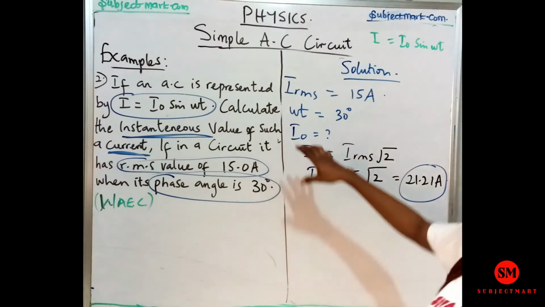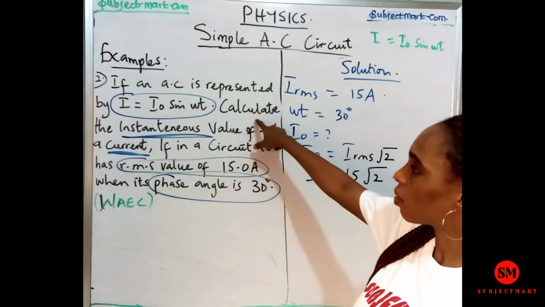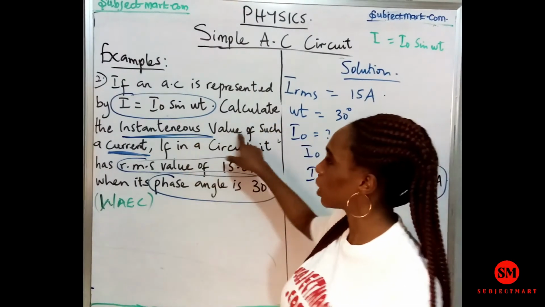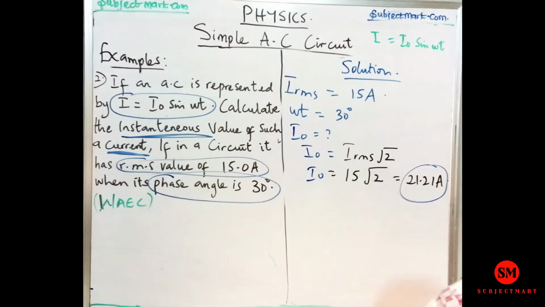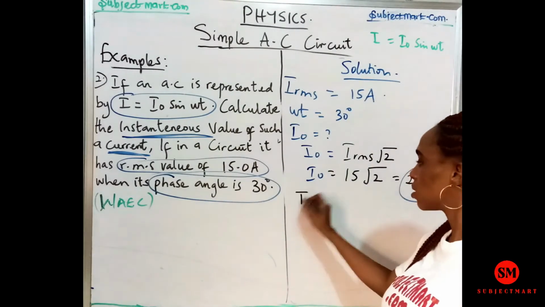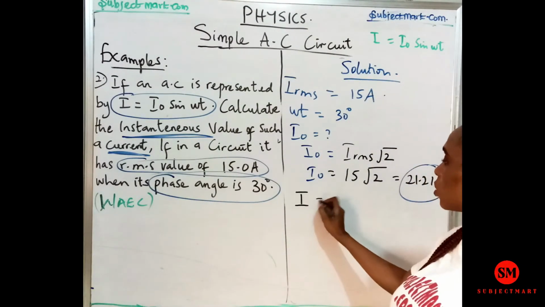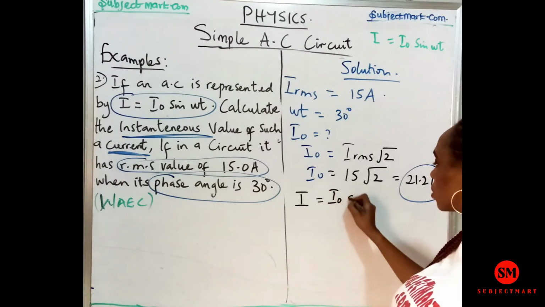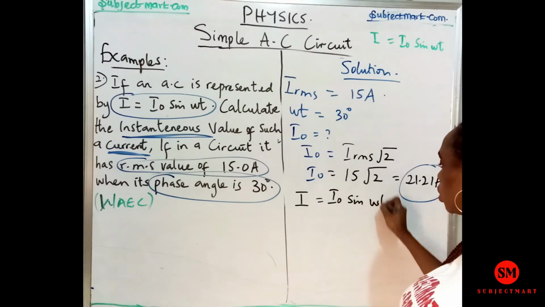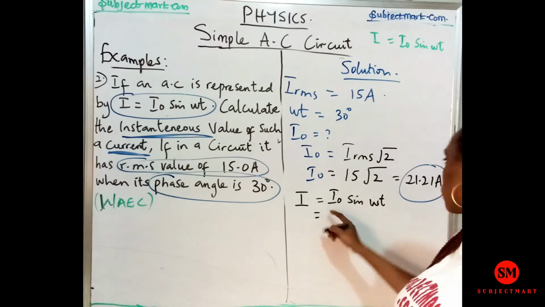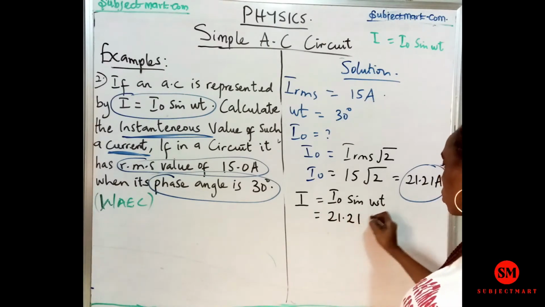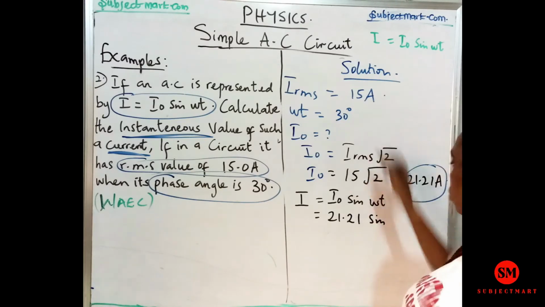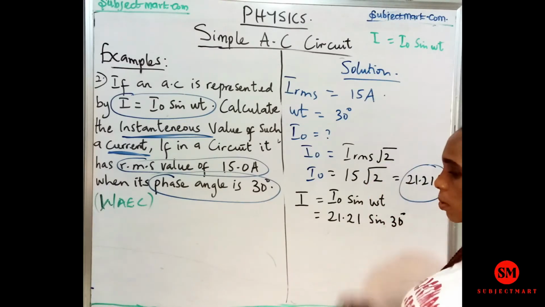Don't forget that we are asked to calculate the instantaneous value of the current. So our instantaneous value of current is equal to I naught sine WT. Our I naught is 21.21, then sine our WT is 30 degrees.